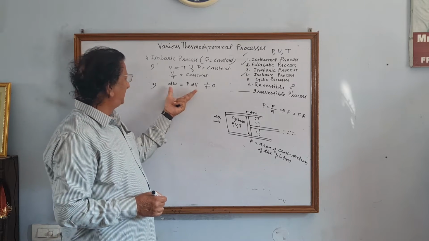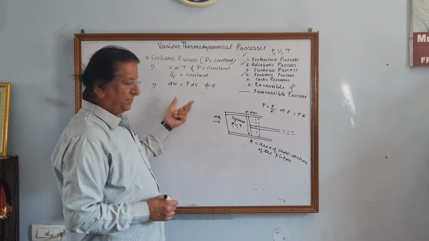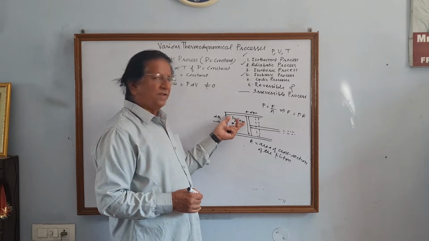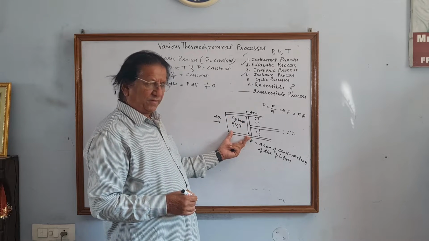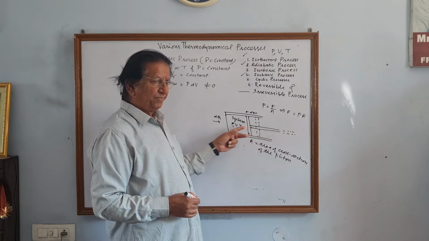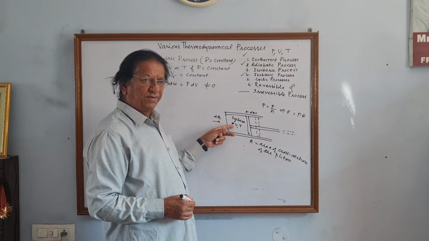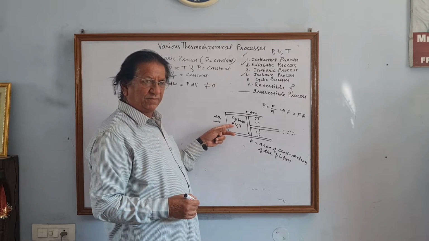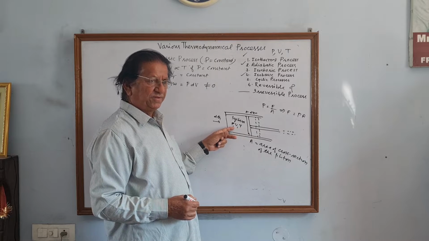So we want to prove this relation. Where has this relation come from? We have taken a gas or a system contained in a cylinder fitted with a piston rod. This part is conducting, heat can enter into the system, then temperature will increase, there will be expansion.